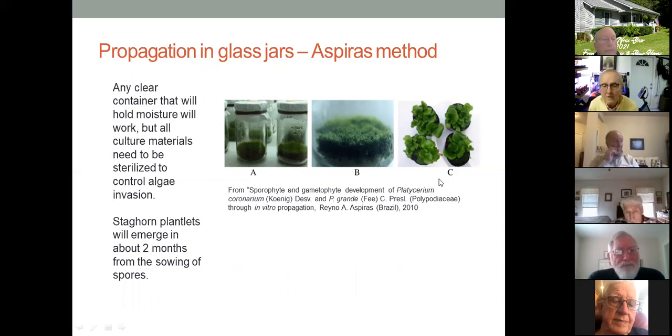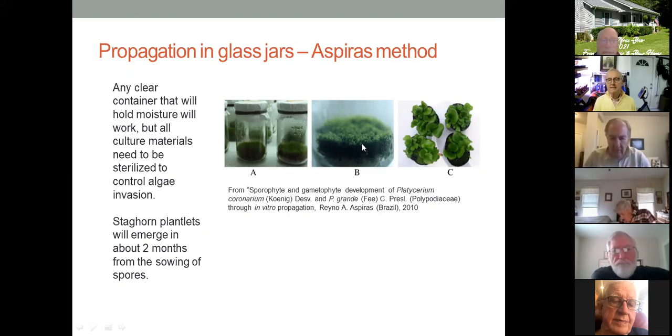So what do the cultures look like after the gametophytes are actually growing? This is from a research study that's fairly recent, I think in 2010, but you can see here the researcher was using glass jars, with paper over the mouth of the jar.